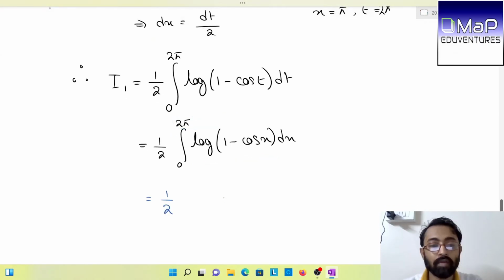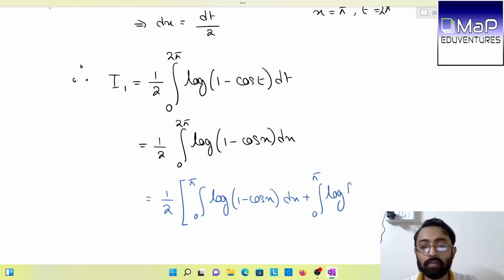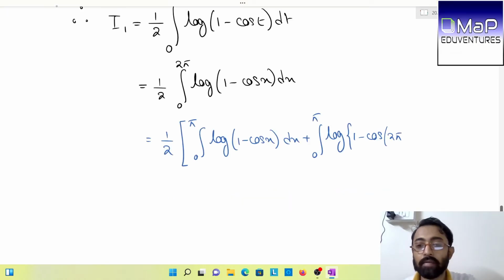So we will have half, opening a bracket because two terms will come, 0 to pi log of 1 minus cos x dx plus integration 0 to pi log of 1 minus cos twice pi minus x dx.